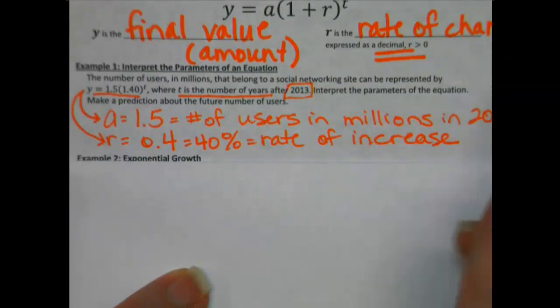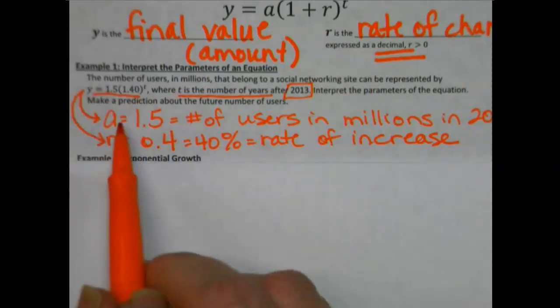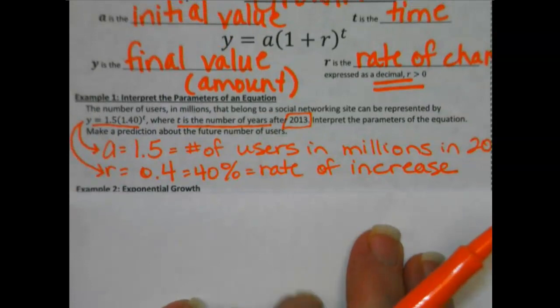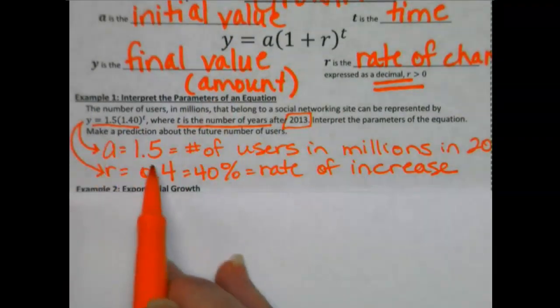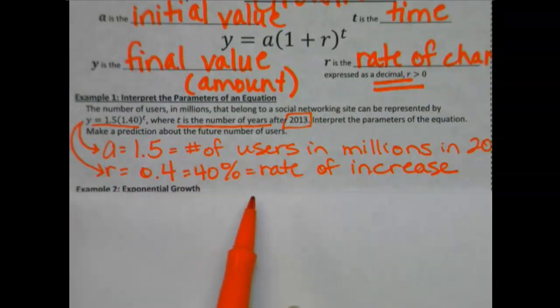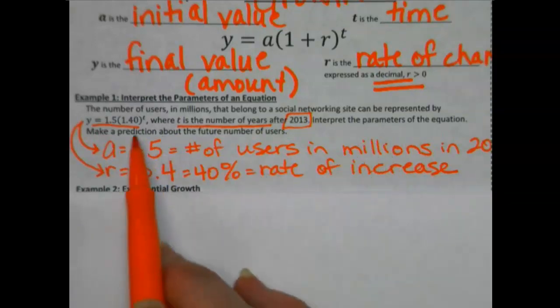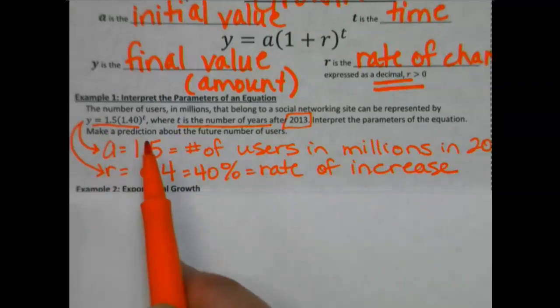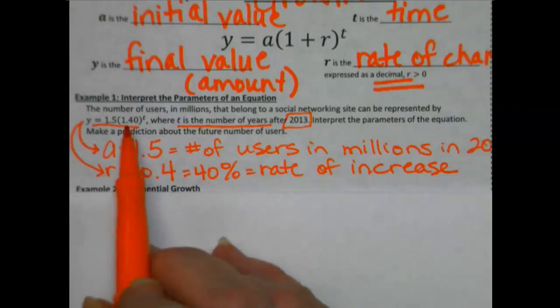Well, when I think about what I would be looking at, right, they've given me the equation here. My A value, which, right, is the one in this position right here, my A value is 1.5. And that's the number of users in millions in 2013, because they tell me this equation is everything after 2013. So I know my starting value was the number in 2013. My R, or my rate, is right here.